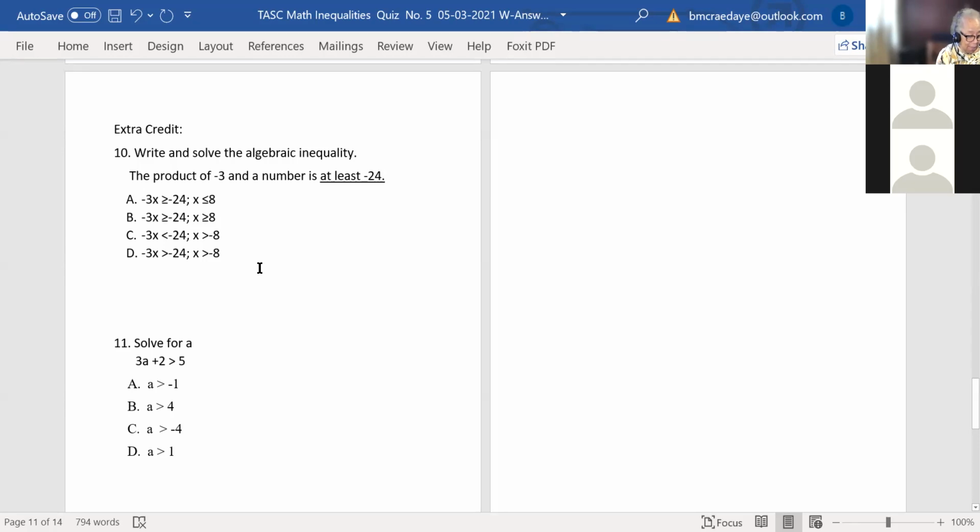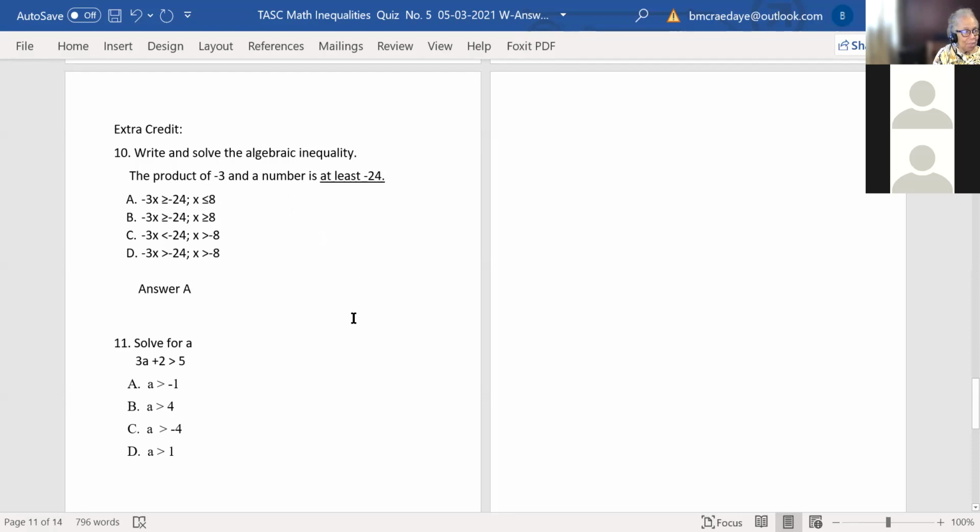So your answer has to be A. They both say the product of -3 and a number, which is X, is at least -24. What can your X be? When you substitute for the X, it should satisfy this. So if it's less than, then this is going to be greater, because remember the negative number: the -21, say, or if this was a 6, -18 is greater than -24. So you can just plug in the values. That's how you can solve it. So the answer is A.